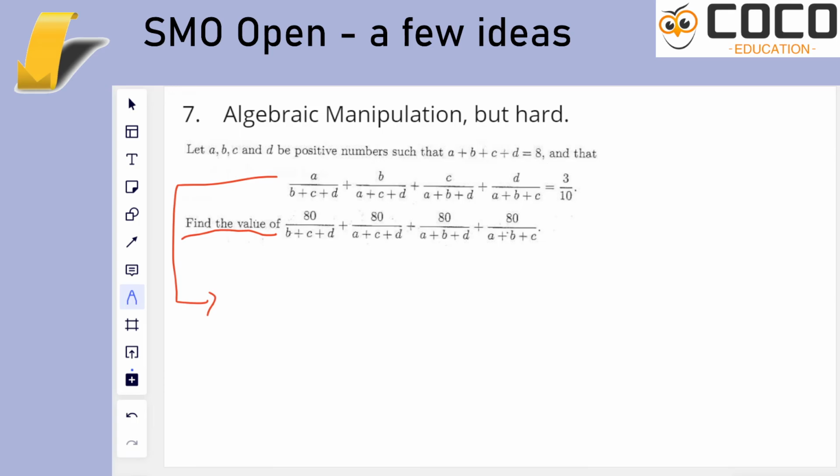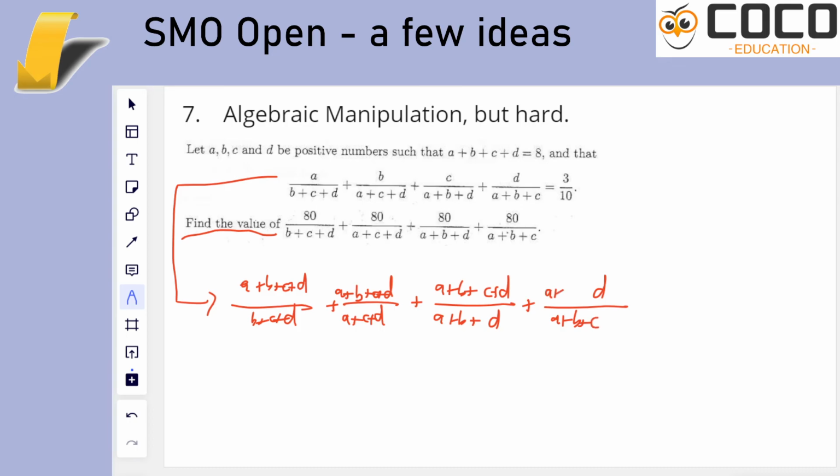Well, I need to make the A's disappear. And how far away is A from disappearing? It needs B, C, and D to disappear and become a constant. So I can just top up the rest of it. So just top up the missing terms, and that comes at a cost of 1 per fraction.